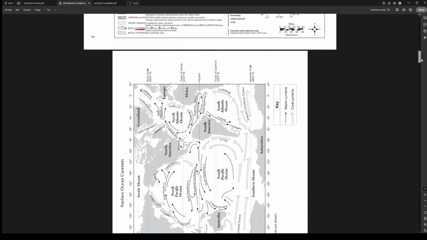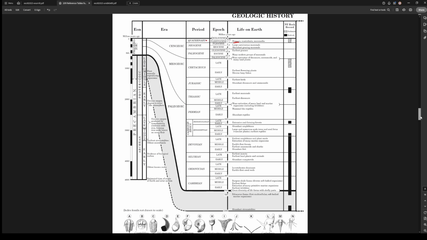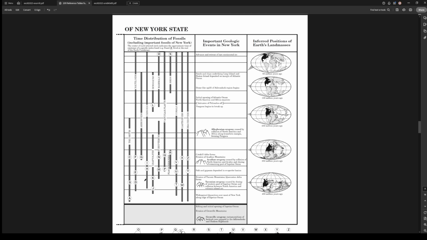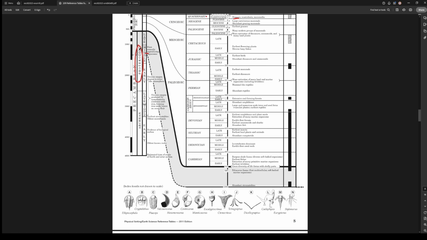So now we got to go to our time scale and we got to see Middle Proterozoic. Let's see. Proterozoic's here. Middle Proterozoic's here. That's like 1.5 billion. All right, let's see what happens over there. Acadian orogeny, Grenville orogeny. Okay. So, this is how we're going to have to do this.